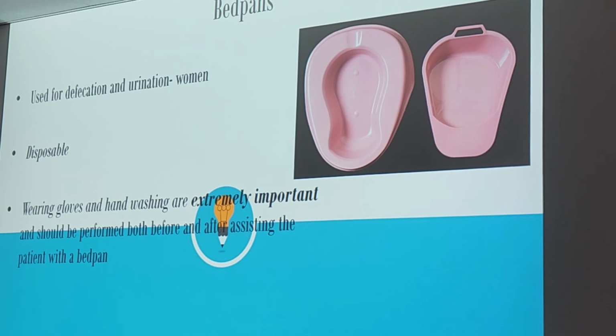So there's two types of bedpans. This is the regular one, and this one is called a fracture pan. Why do you think we would need a fracture pan? If the pelvis is fractured, tailbone, things of that nature. If a patient has some sort of fracture and they're not able to completely lift their hips up, you can slide the pan underneath.